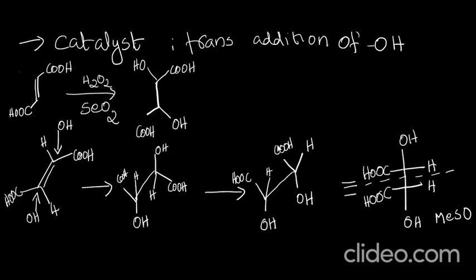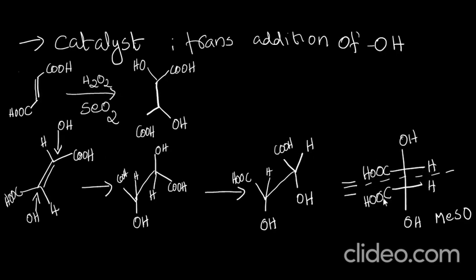When this Sawhorse formula is converted into the Fischer projection formula, we get a configuration like this. Here both COOH groups are on the same side and both hydrogens are on the same side.